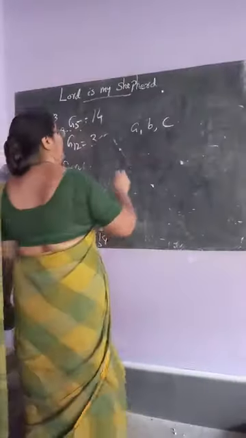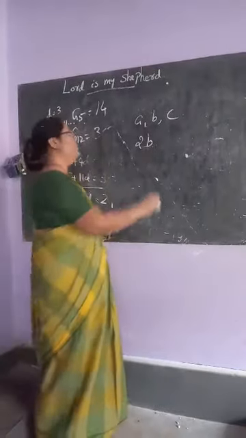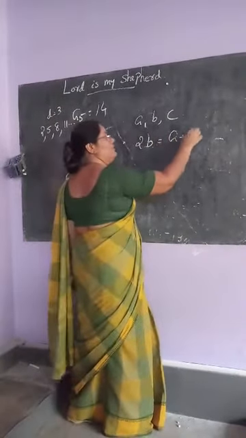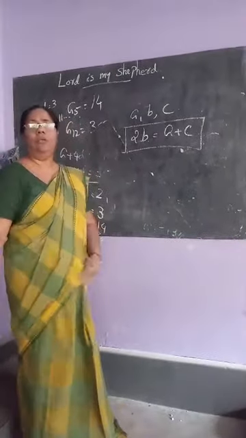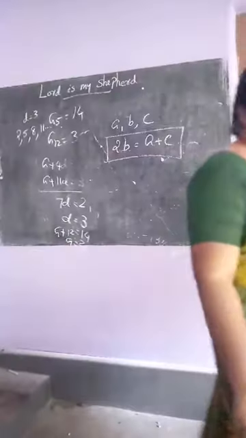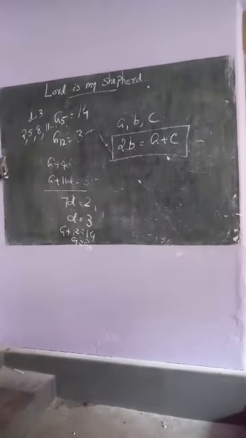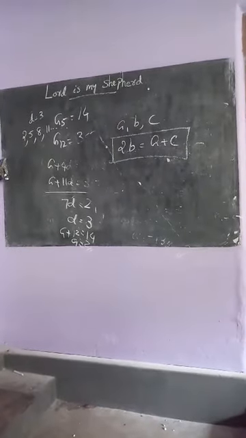Then we apply the formula: twice the middle term is equal to the sum of the extremes. Very important formula.